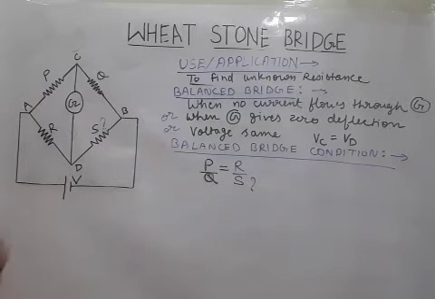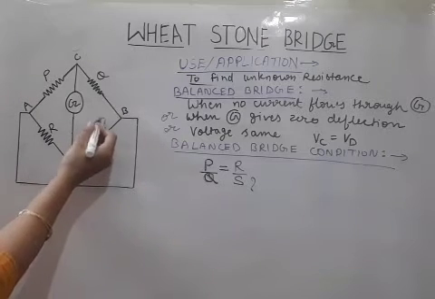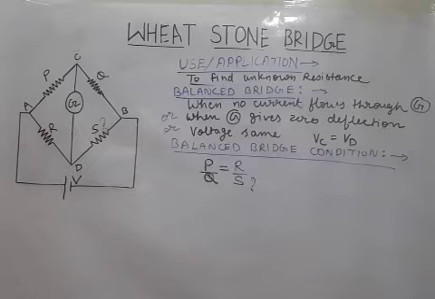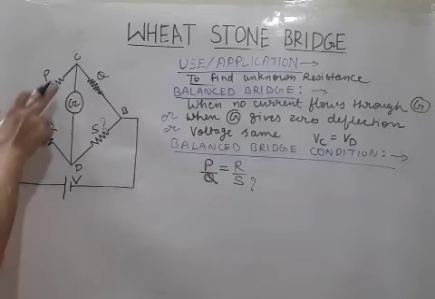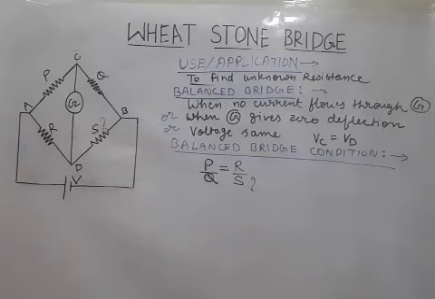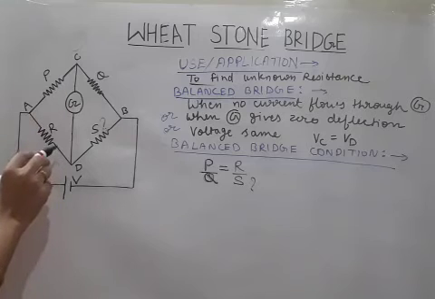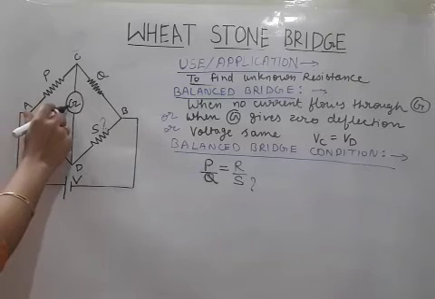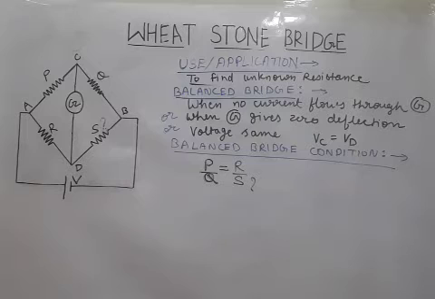We were talking about how we find this S resistance. First of all, we need to balance the bridge, and balanced bridge means there should not be any current flowing through the CD branch. So who will verify whether current is flowing or not? That's why we have connected the device galvanometer.